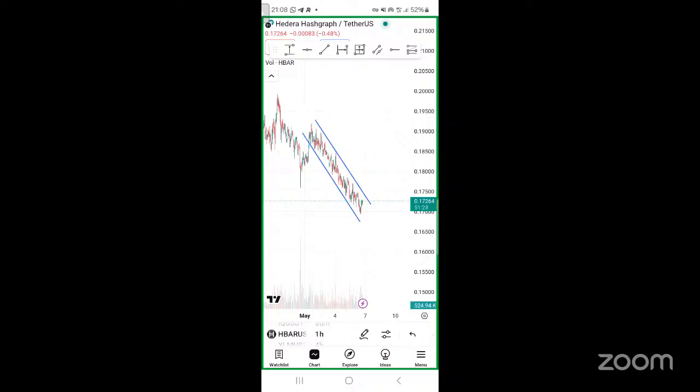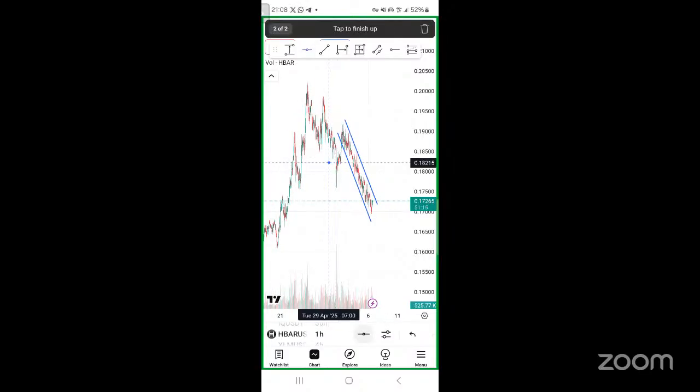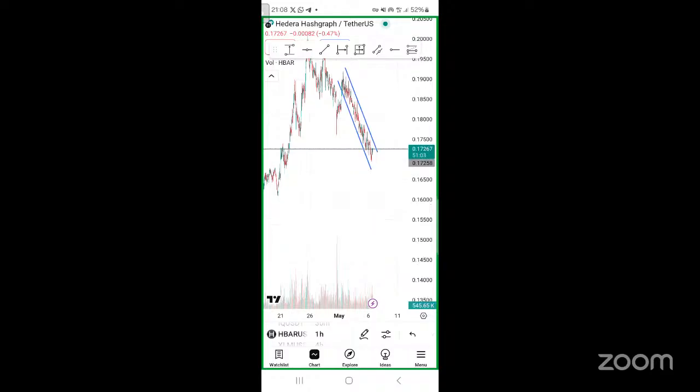Now I need to verify from the current market price, which is somewhere here. At this time, the coin is trading at that line.